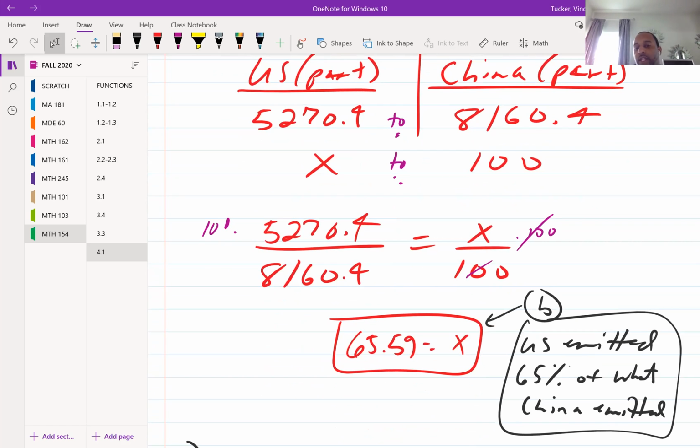And B, once again, just asks you to interpret that number, and it represents the fact that the US emitted 65% of what China emitted. All right. Any questions?